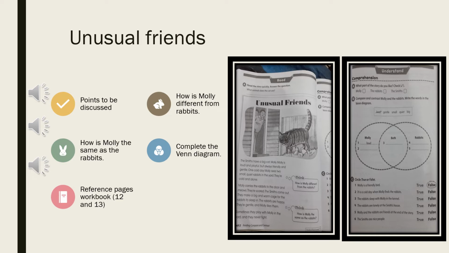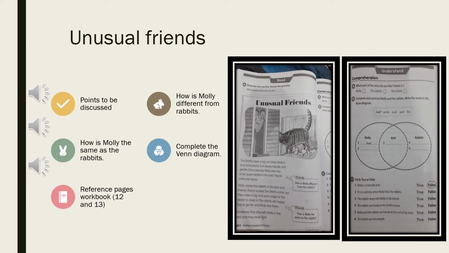The Smiths have a big cat, Molly. Molly is loud and playful, but always friendly and gentle. One cold day, Molly sees two small, quiet rabbits in the yard. They are cold and alone. Molly carries the rabbits to the door and meows.